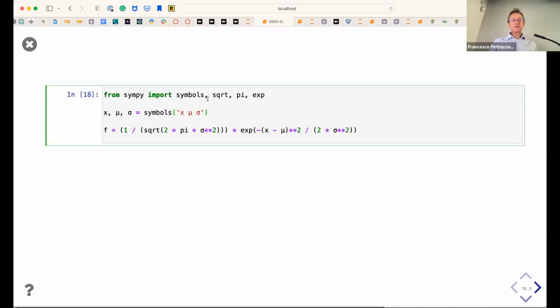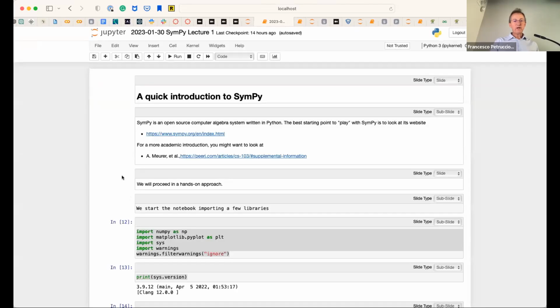It works like this, but I don't know what I did here. What did I do? Let's try.